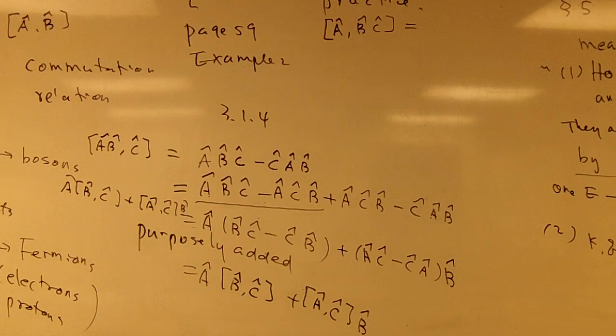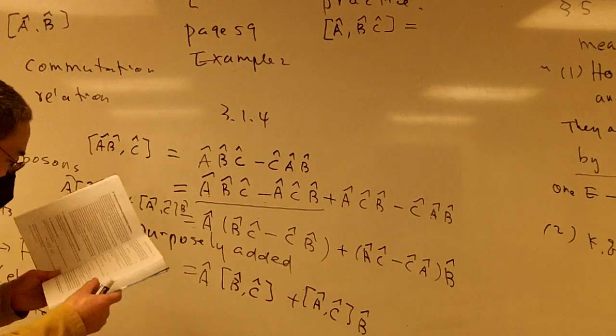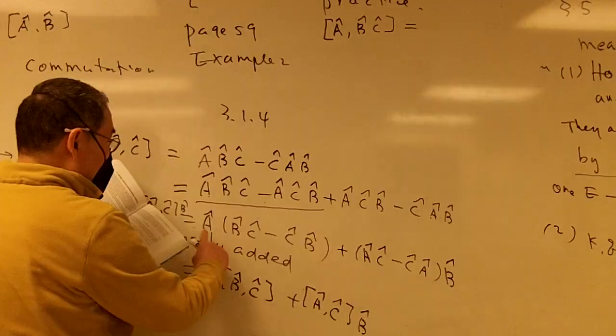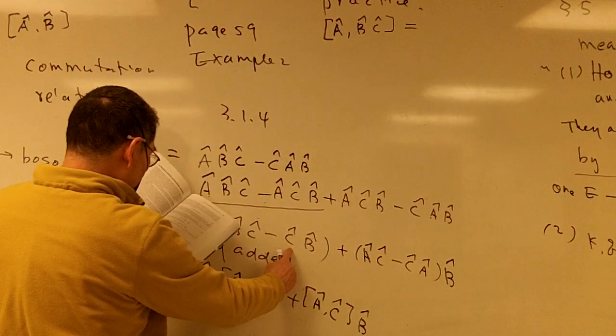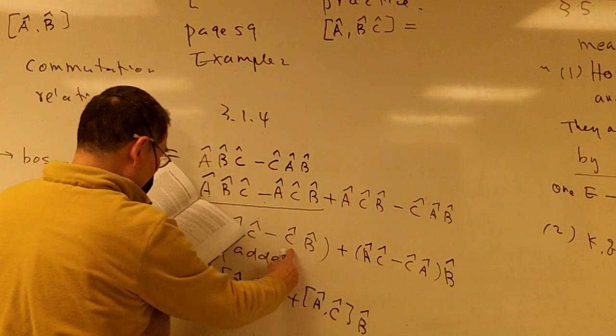Oh, my gosh. There is a misprint, folks. Forgive me. I will write this down. CB. In the second line in the book, there is a misprint. The misprint was that in the textbook, this is written as AC. This is written as AC.